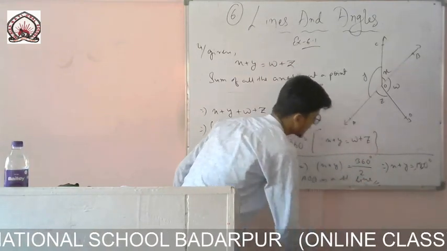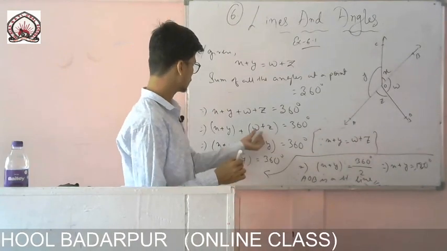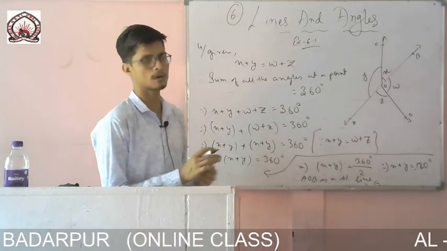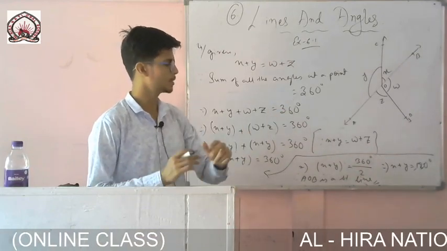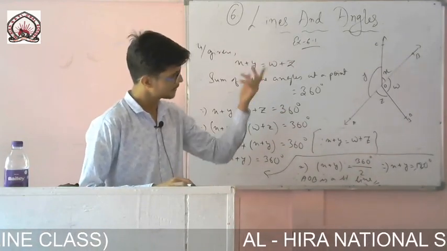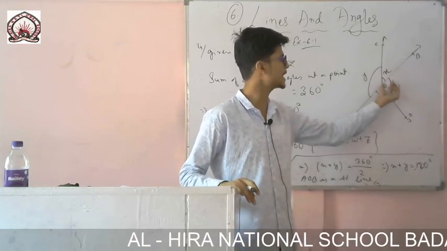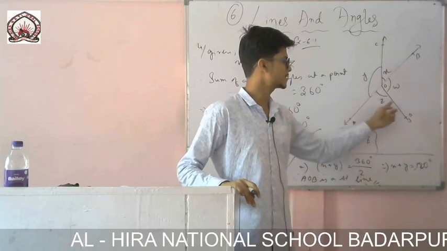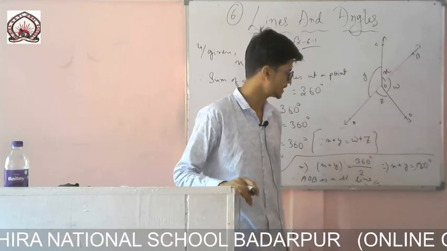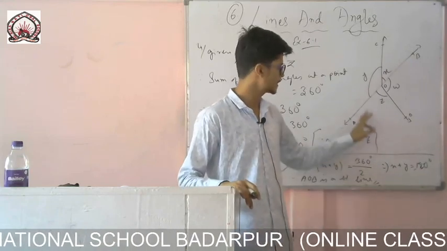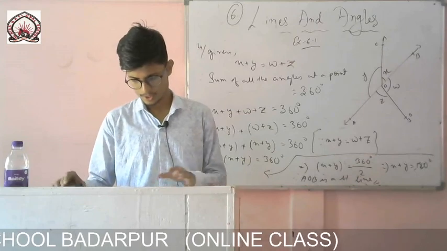Or if you take w plus z, then there it will come 2 into w plus z, so w plus z will be 360 by 2, w plus z will be equal to 180 degrees. The same thing: if w plus z is also equal to 180, and these two are adjacent angles with sum 180 degrees, they are called linear pairs, and that means AOB is a straight line.